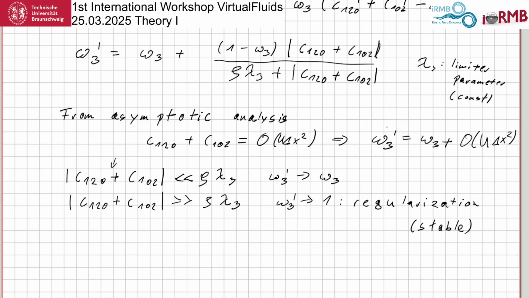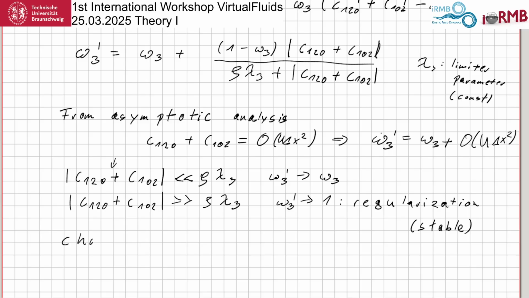If your flow gets too turbulent such that the second derivatives are too large, then automatically your method turns to the stable regularization and remains stable. Suppose that you've chosen omega 3 small enough.